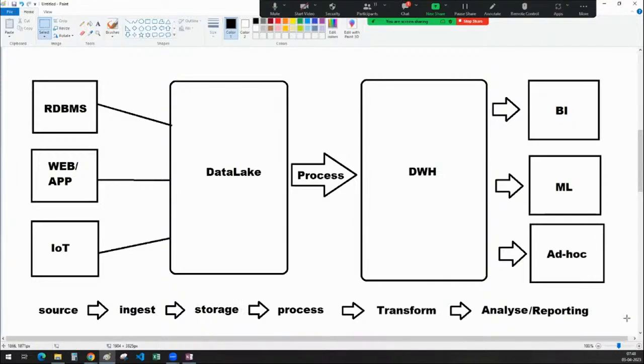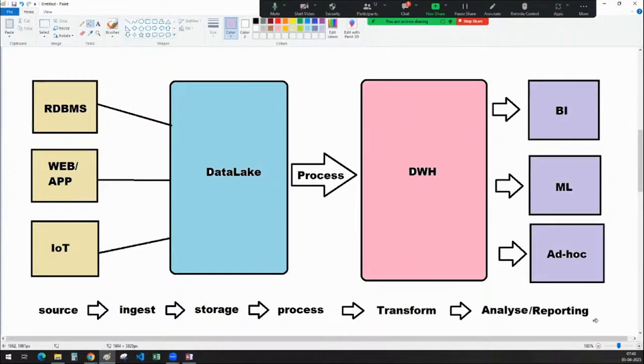Okay, this is a typical architecture. In this one, you have data sources, and you are ingesting into the data lake, and from the data lake to the data warehouse. Finally, you will be having different requests based on this.